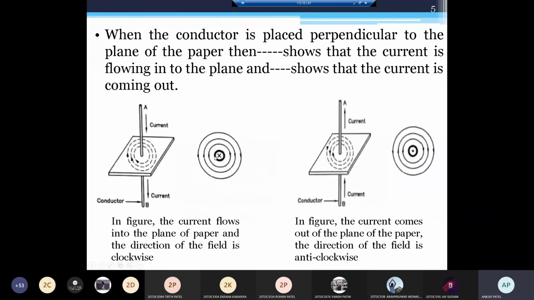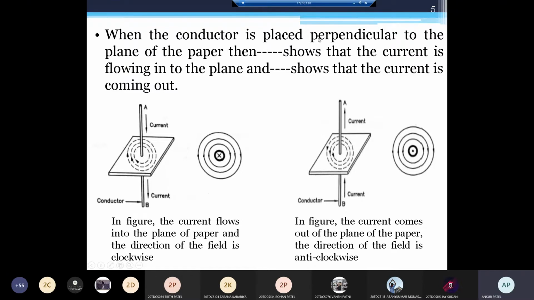So this cross mark indicates current is coming in. You can see this direction is coming in, A to B, and this dot mark indicates current is coming out. So if you see either cross or dot marks, that indicates the direction of current according to Fleming's right hand rule.